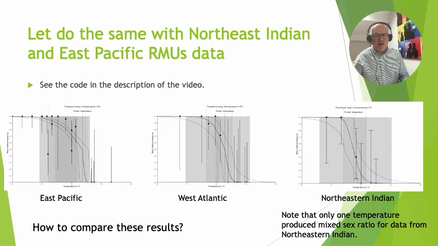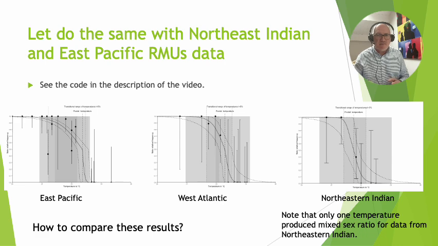Now we do the same with the data from the 2 other RMUs, East Pacific and Northeastern Indian Ocean. We obtain these 3 patterns of TSD, and now the question is what we can say. Are they similar, or are the differences due to something biological?